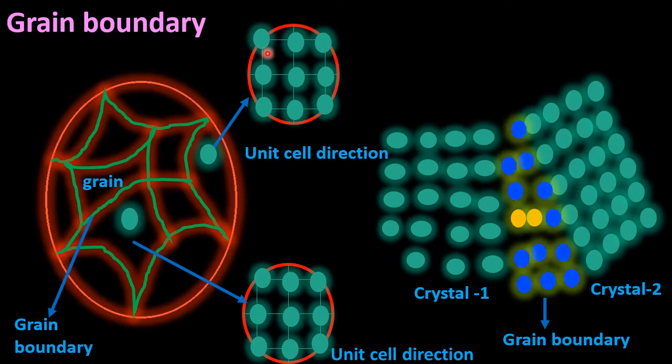For many polycrystalline materials, the crystallographic orientations of the individual grains are totally random.